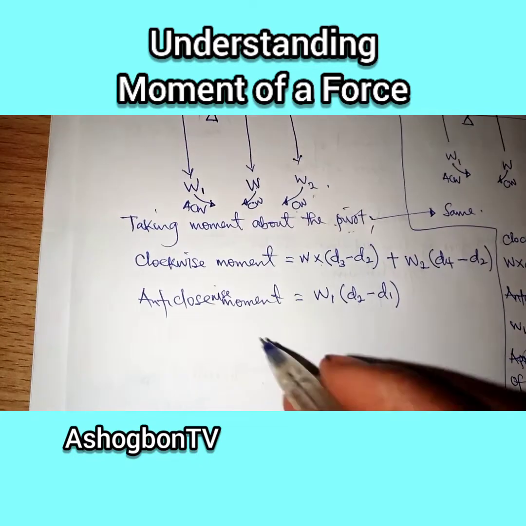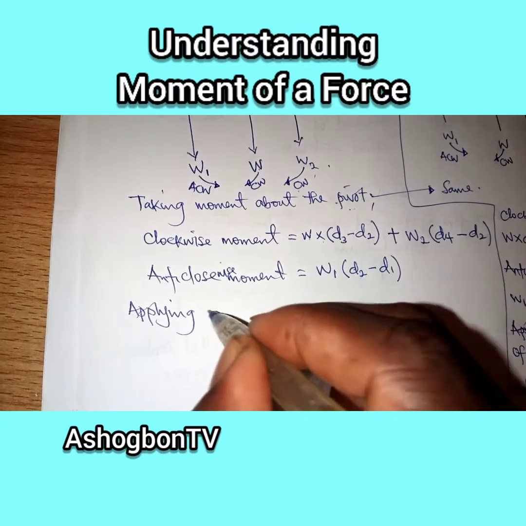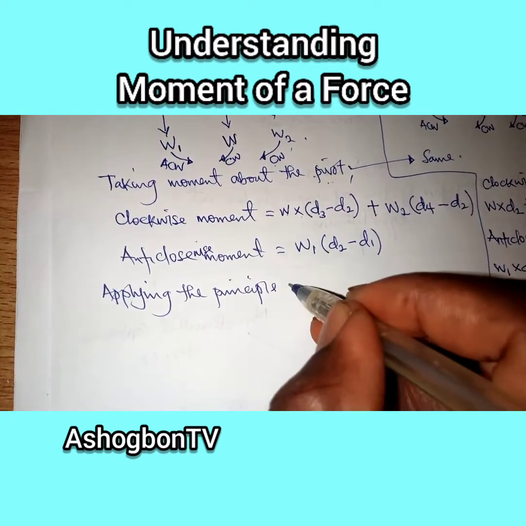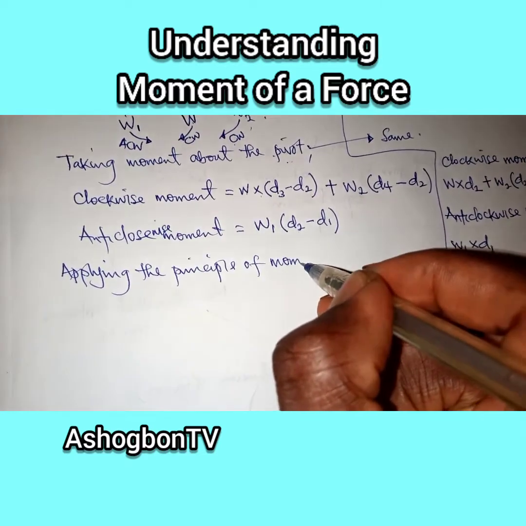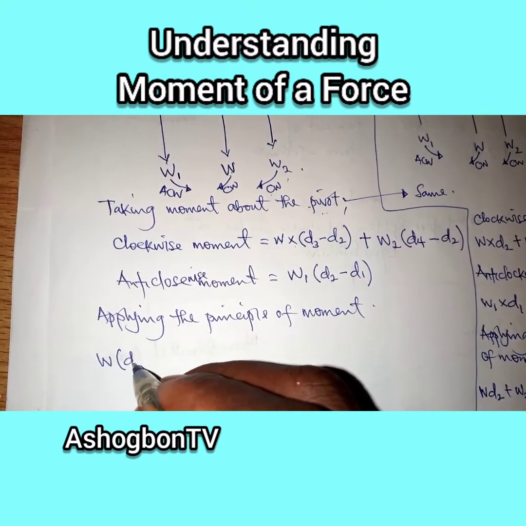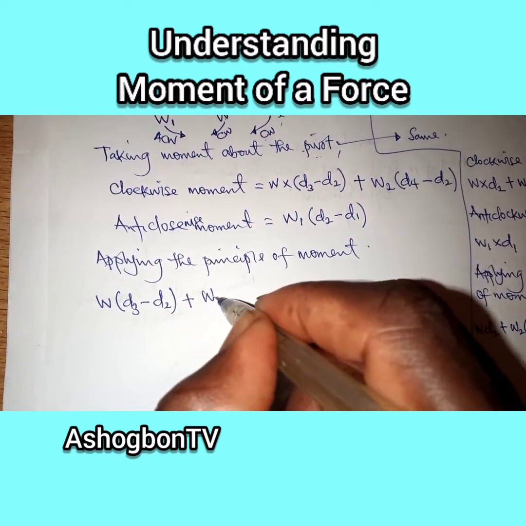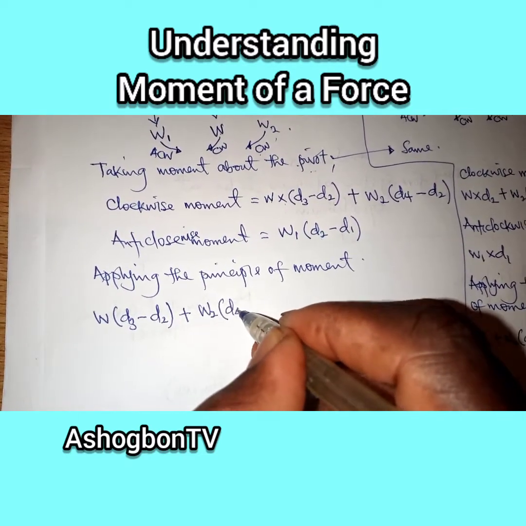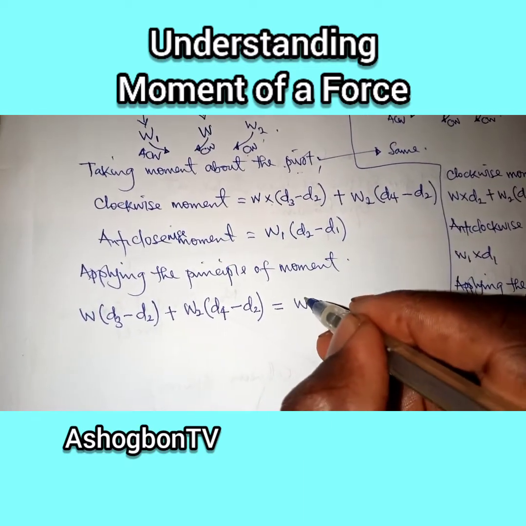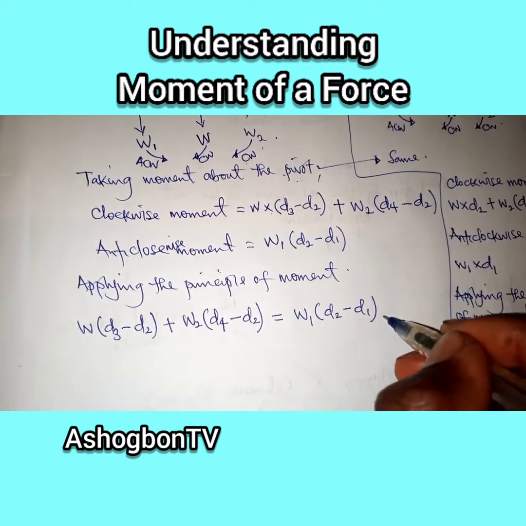Now, if we are to apply the same thing here, applying the principle of moment, then you will get W (D3 minus D2) plus W2 (D4 minus D2), which will be equal to W1 (D2 minus D1).